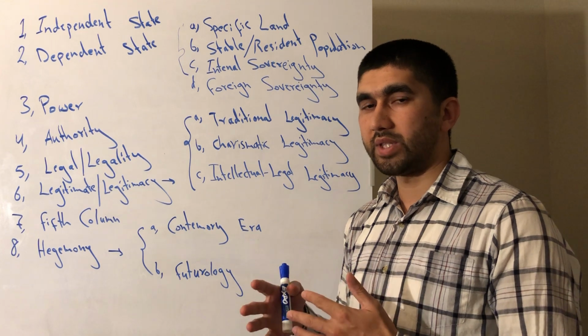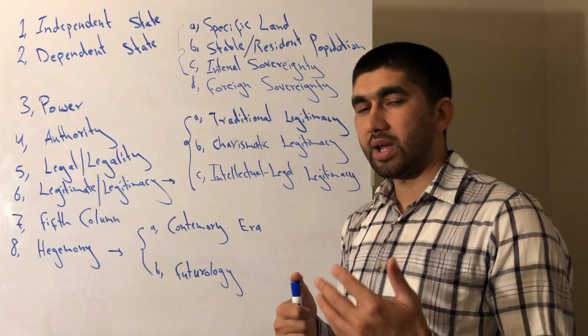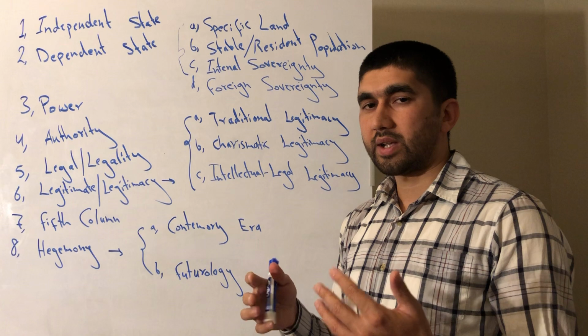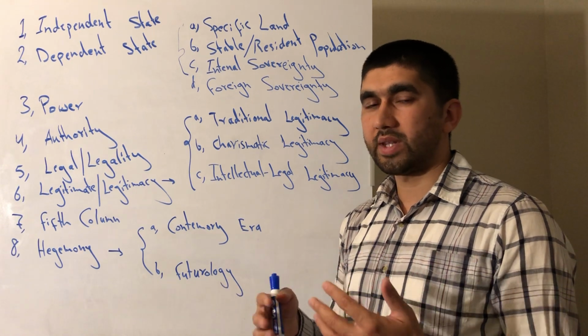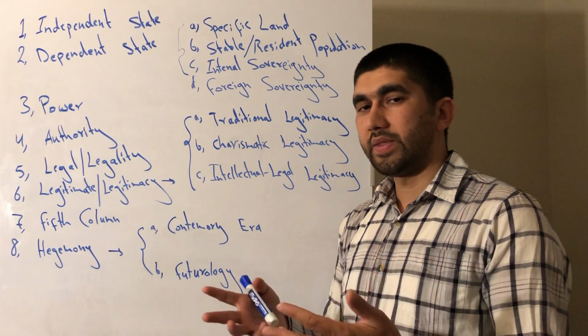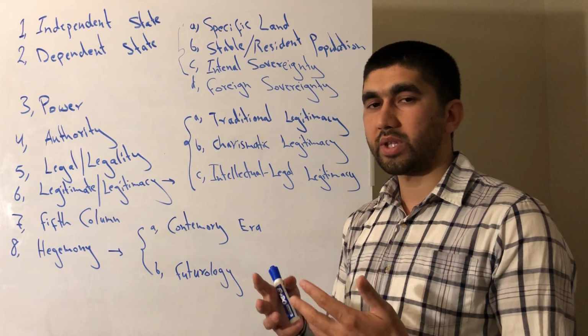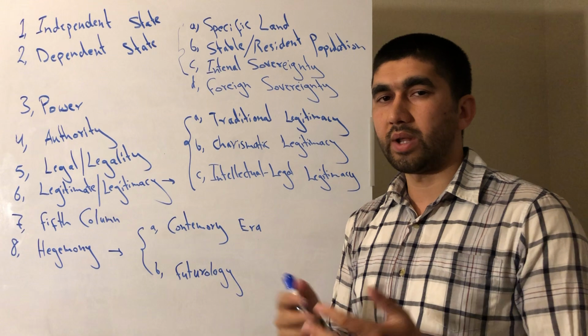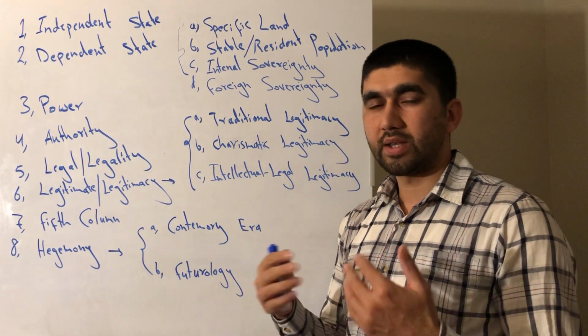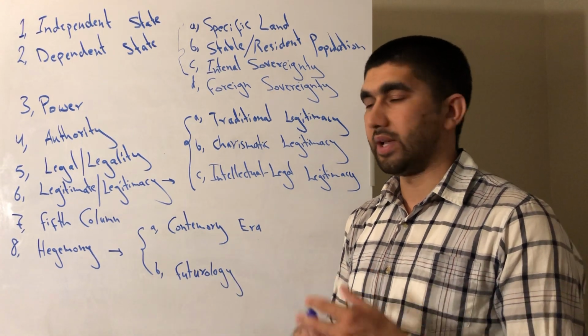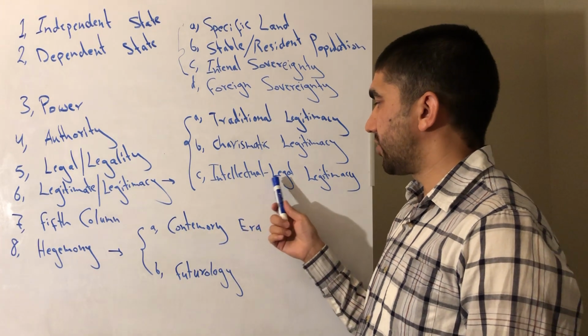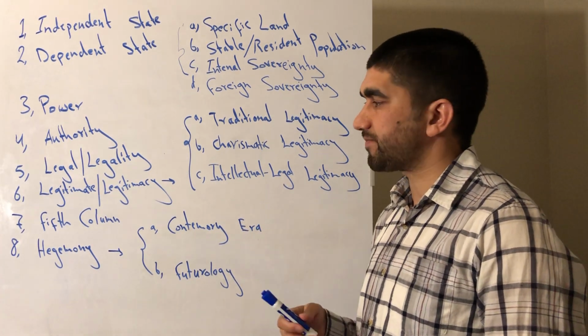Once he's done with that, then it's time for the campaign, whatever he needs to do, and then people vote. If he is voted for by people, then he's selected or elected king or president or whatever. So that's called intellectual legal legitimacy.